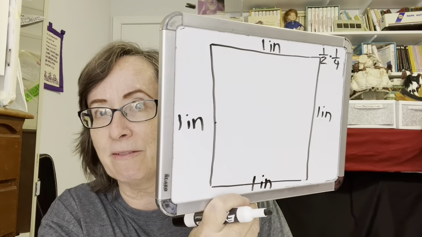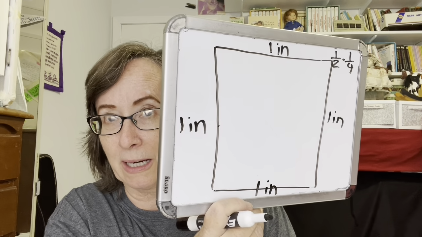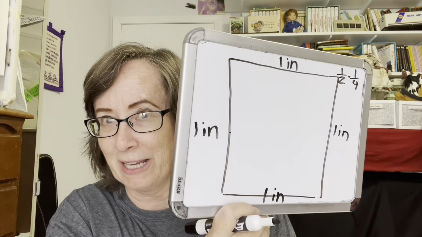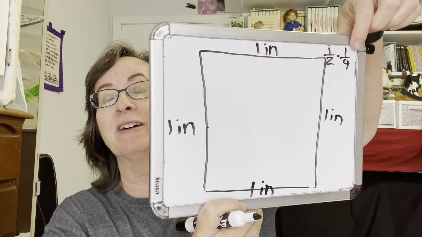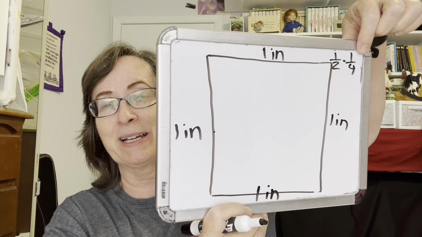Okay, so now we're going to look at another one, where we're going to model the 1/2 times 1/4. Okay, so this is not one that's done for you in the book, but we're going to model it using our square inch here. And this was the 1/2 of a fourth of a gallon, where we got that one.